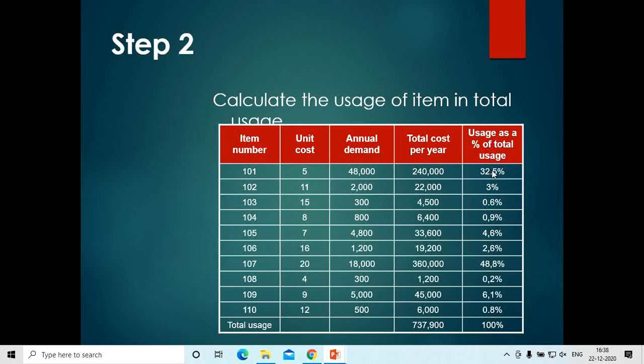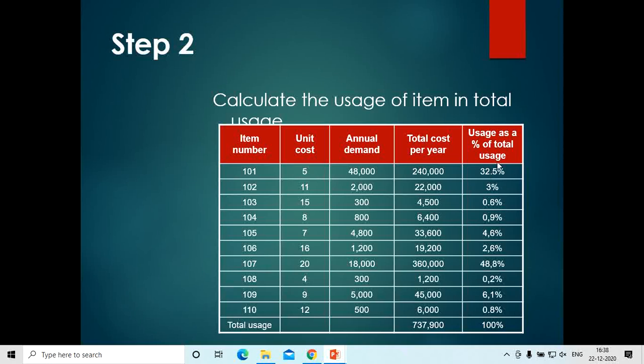Okay, now step number 2 will be to calculate the usage of each item in total usage, or percentage of total usage. We already have the total cost per year for each item. Now in the last column we are going to get the percentage of total usage. All the items together cost 7,37,900, of which 101 is how much percent?